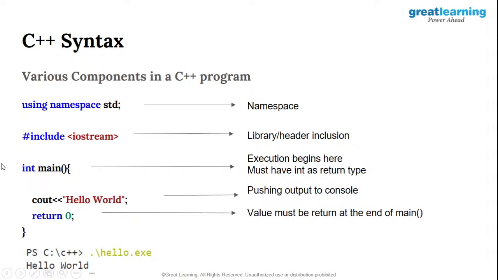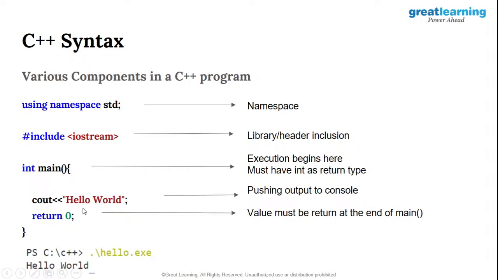One of the most important blocks of code is your int main. This is basically where you will write your main code. Whatever you want to execute, you will execute it using main. So execution begins here and must have int as the return type. Now you don't need to know why it must have int as return type. Just know that main is where the code gets executed.